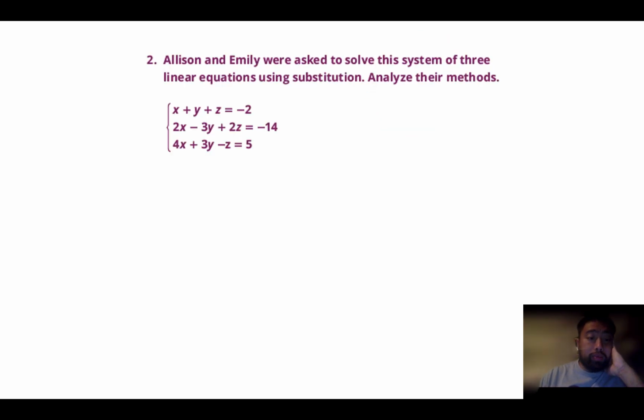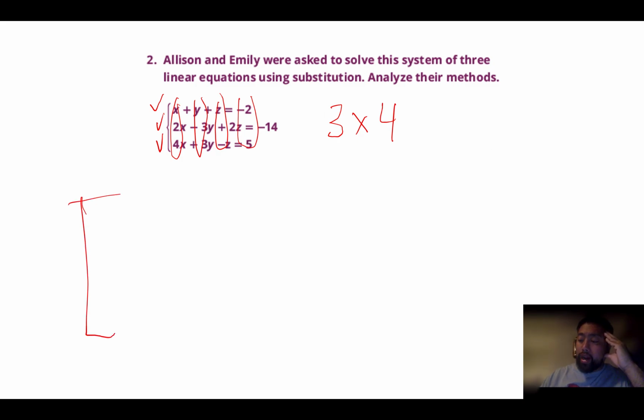All right, guys, let's read this problem, and let's answer it. The first thing you're going to identify is how many rows and how many columns there are. There are 1, 2, 3 rows by 4 columns. 1, 2, 3, 4. Okay? So now let's build our brackets and let's fill in what we know.